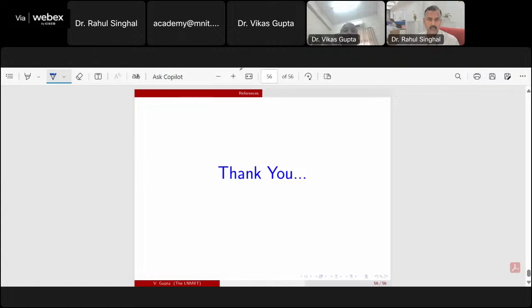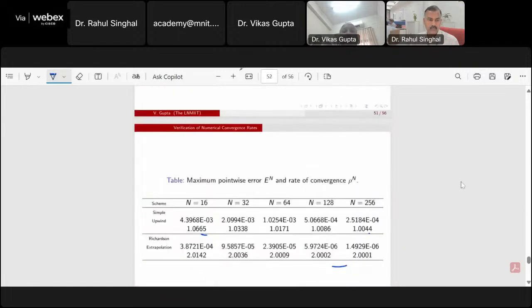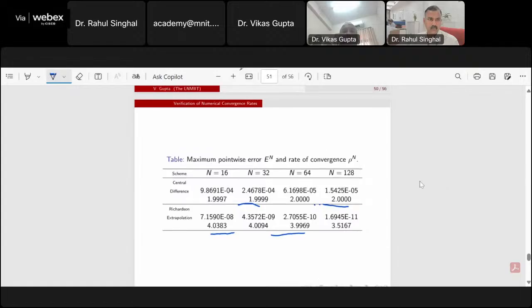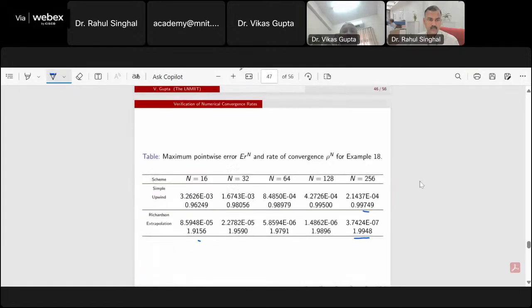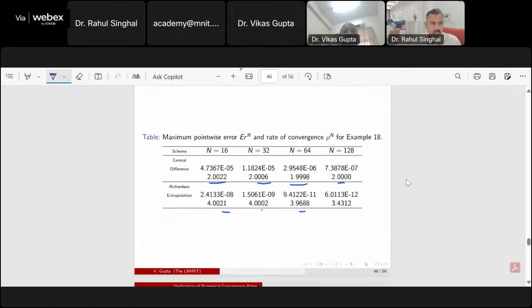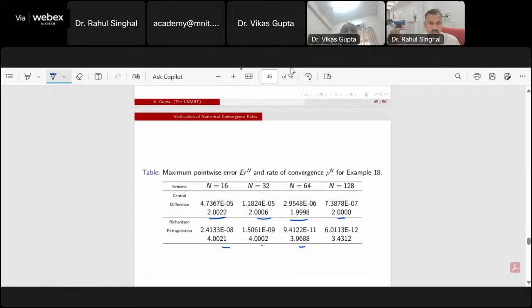Okay, which slide are you talking about? This one, Satyendra? Okay, so here you can notice that with n equal to 64 it is around 3.96, and the error is of order 10 to the power minus 12 with just number of mesh points n equal to 128.